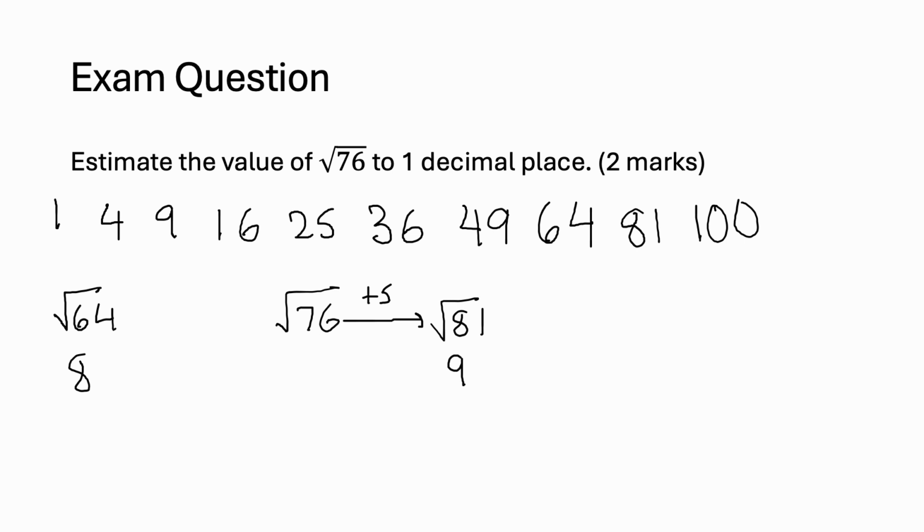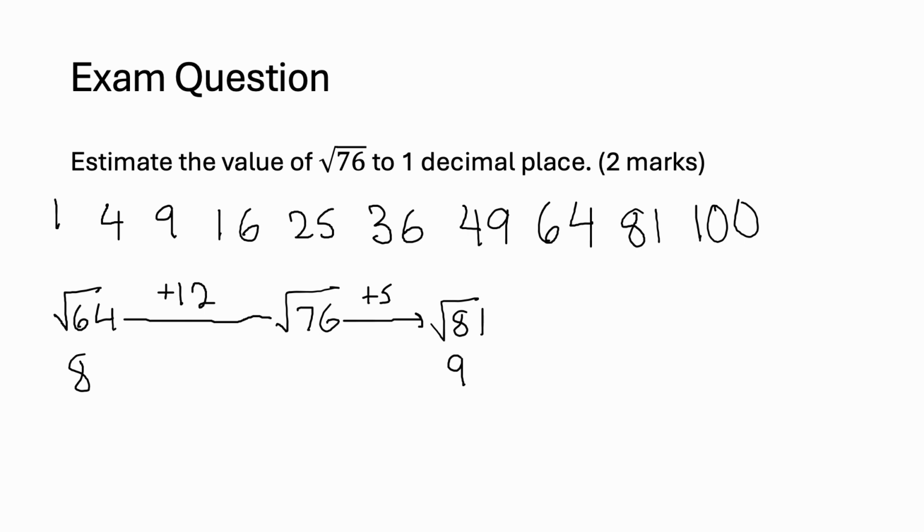And to get from 64 to 76, we have to add 12. It looks like this root 76 is closer to the 9 side than to the 8. So that means our estimate is going to be closer to the 9 than the 8.